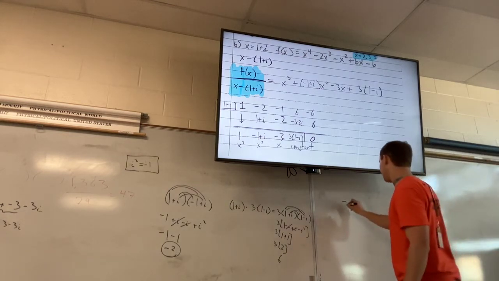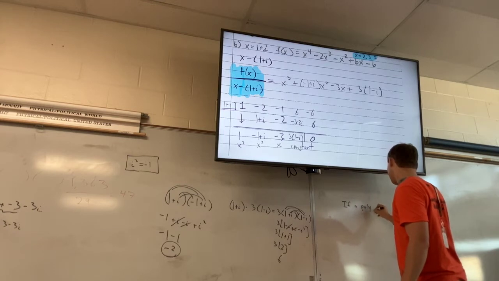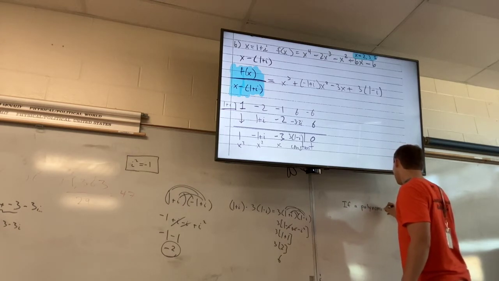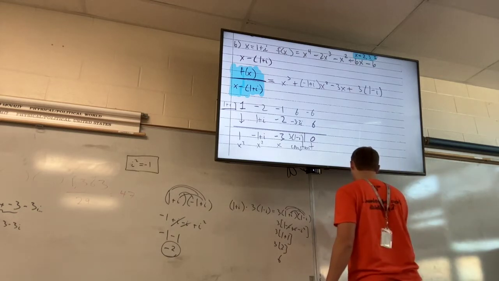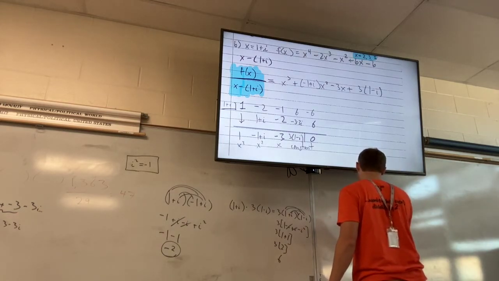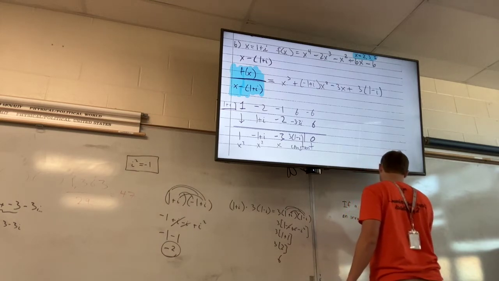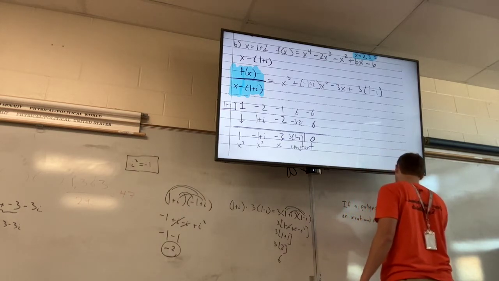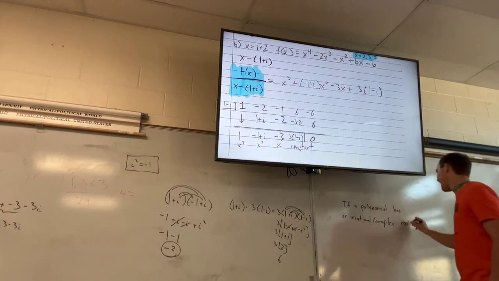This is really important. If a polynomial has an irrational or a complex root, what's another root we know it has? The conjugate.